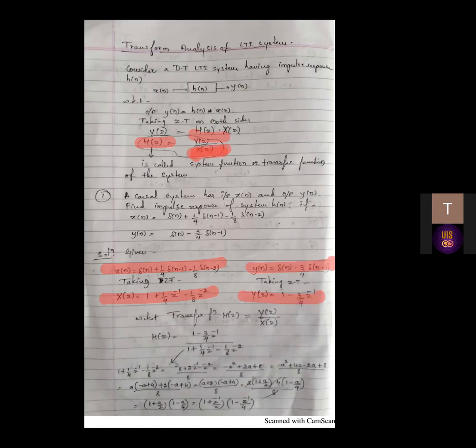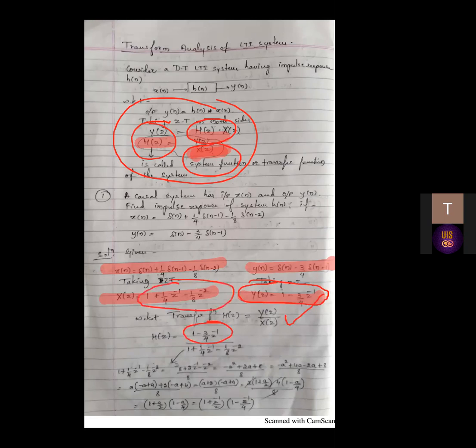Once we have got x of z and y of z, the next thing is considering this equation. We know from the transform analysis that the transfer function h of z is given by the ratio y by x. So that's what I have written here. Y we have calculated, put it. X we have already calculated, put it.